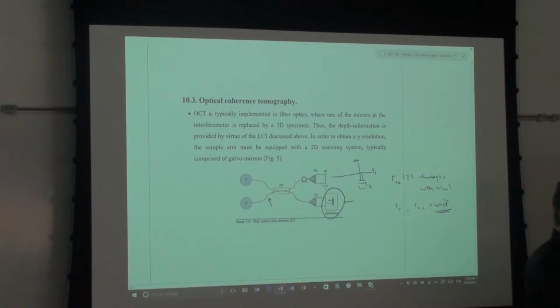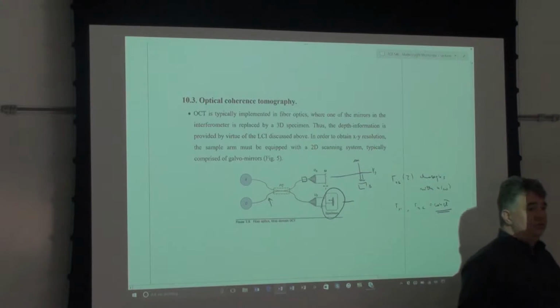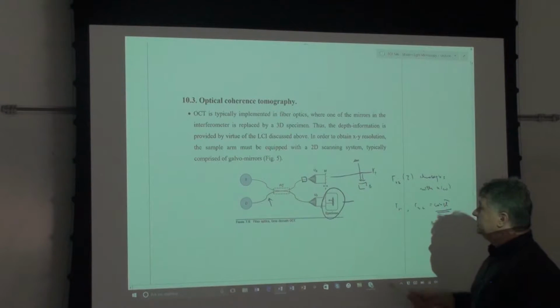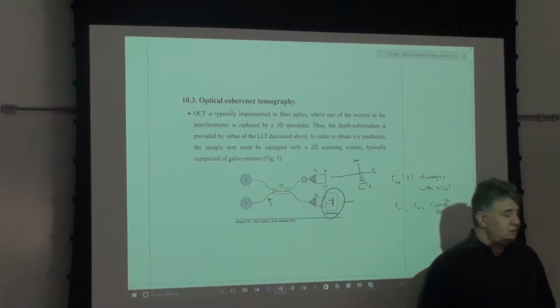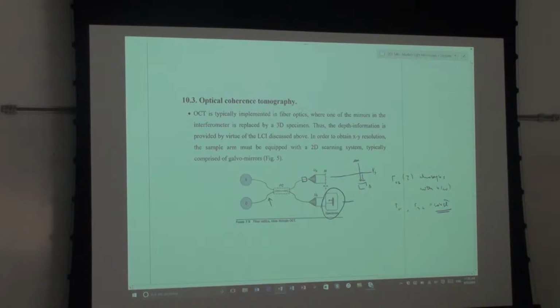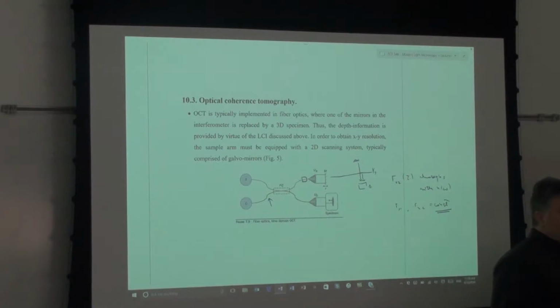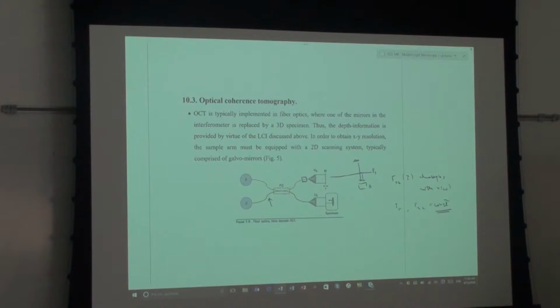And if you know the material properties, you know the beta 2, you know the thickness of that fiber or glass or whatever it is, you should be able to compute exactly how much it's spread, because that will factor into your axial resolution in your OCT system. It can really affect your resolution in the same way aberrations affect our resolution in the spatial domain. Yeah? So if there is anything unclear, let me know now.